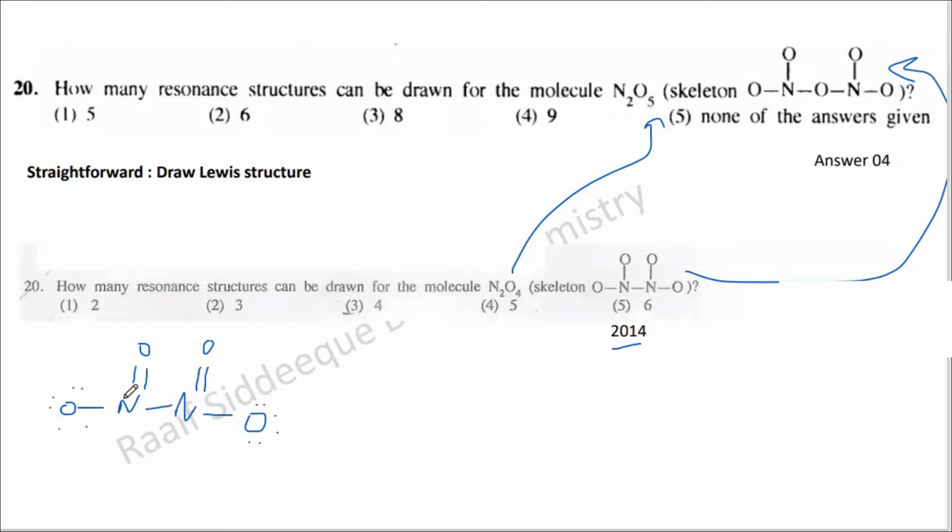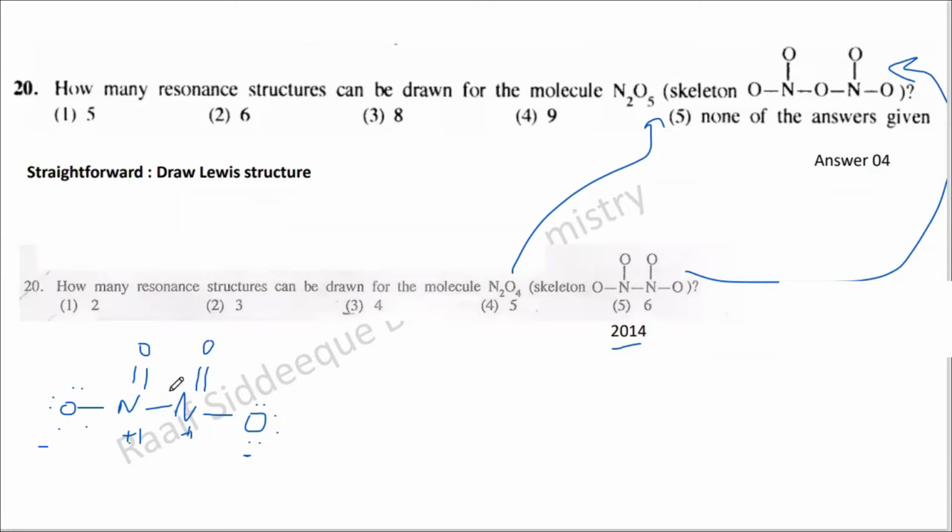Nitrogen has its octet complete, and oxygen is all complete. There is a negative charge here and a positive charge here. This was one of the structures.